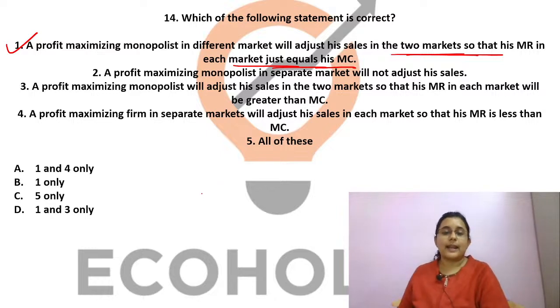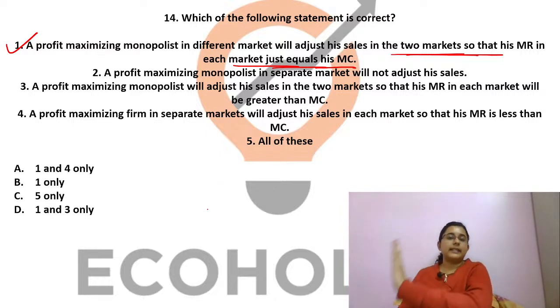So he will try to equate his MR with the MC. MR is equal to MC will be the condition. First is this.